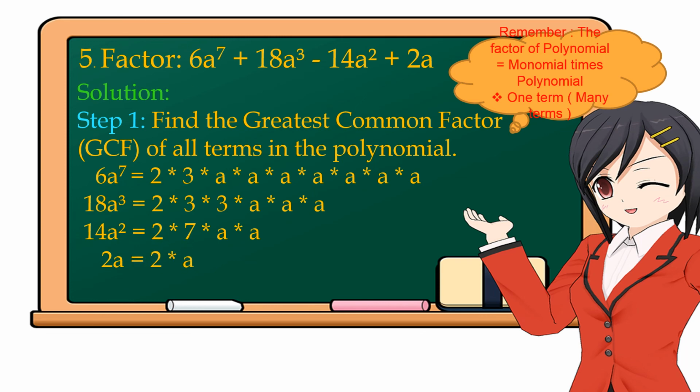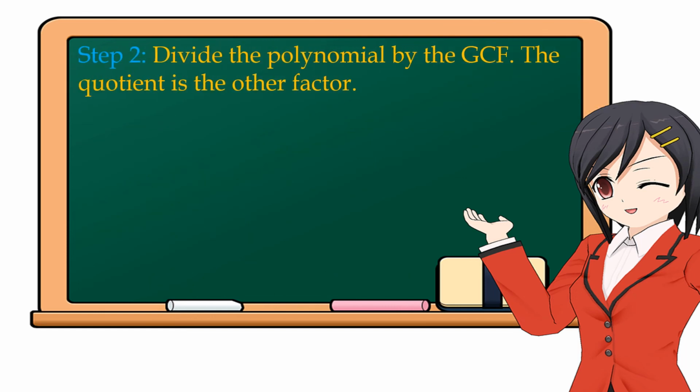So let's encircle all the common factors between them. So they have two common factors, which are 2 and a. So 2 times a is equal to 2a. So 2a is its GCF. So step number 2, divide the polynomial by the GCF and the quotient is the other factor.